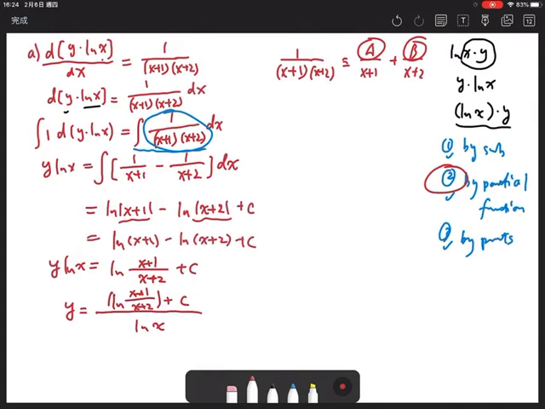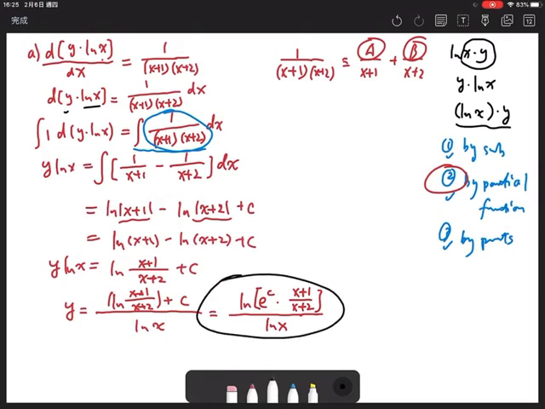Or maybe you can write your answer as, in your textbook, the answer is ln, and here this one can be written as e to the power of c times x plus 1 over x plus 2, over ln x, but it's not necessary.